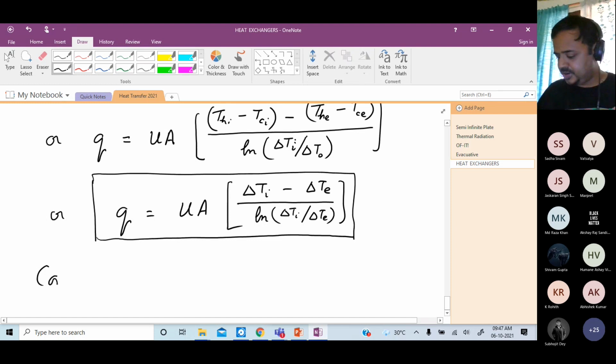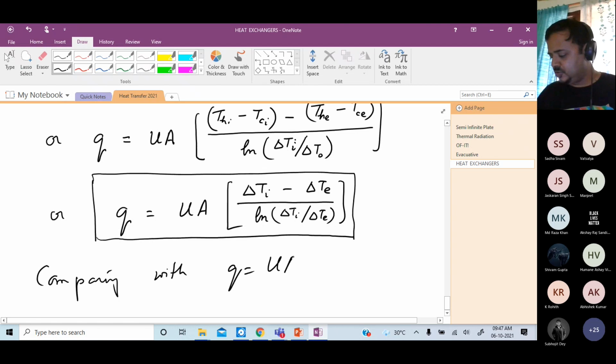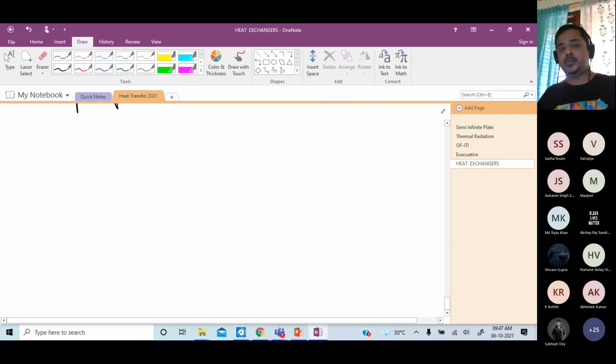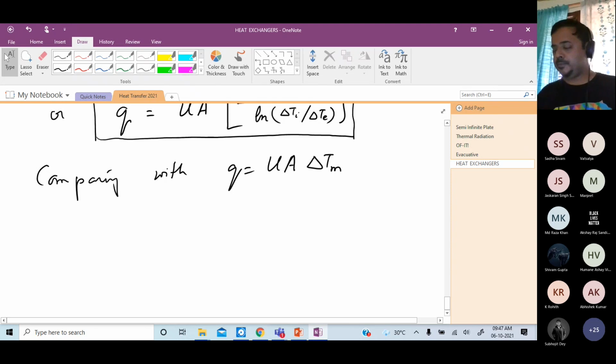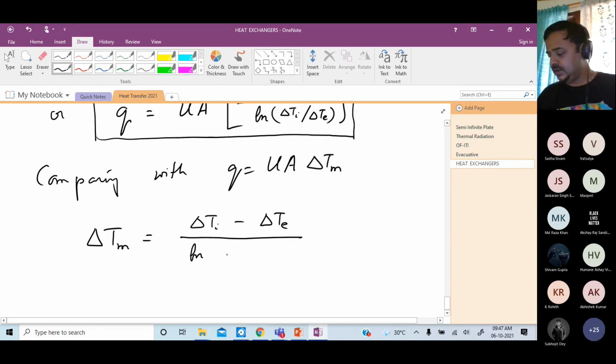So comparing with Q equals UA delta Tm, which is what we wanted to do, delta Tm is delta Ti minus delta Te divided by log of delta Ti minus log of delta Te.